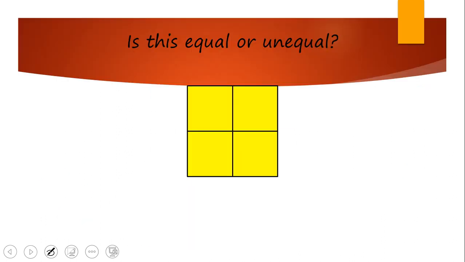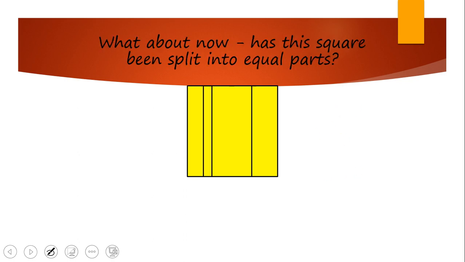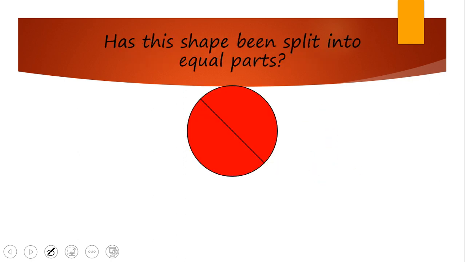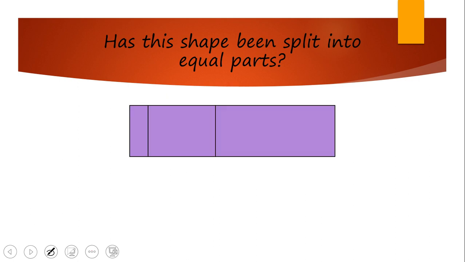So in your heads, just tell me if the parts are equal or unequal. So number 1, this is equal. What about this one? Equal or unequal? Unequal. And this one, equal or unequal? Equal. And the last one, equal or unequal? Unequal. Awesome.